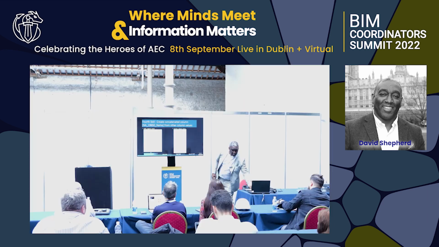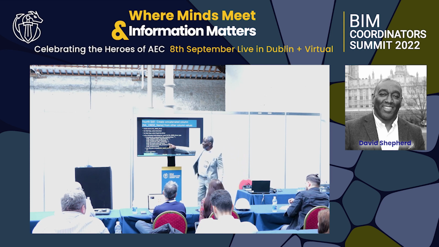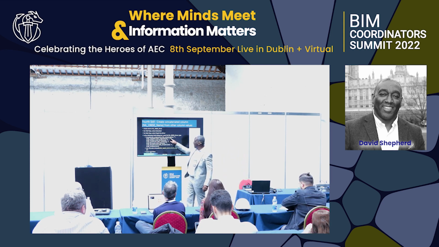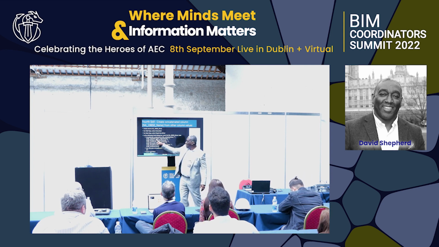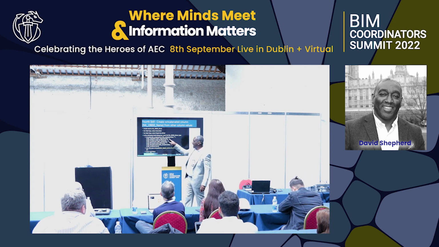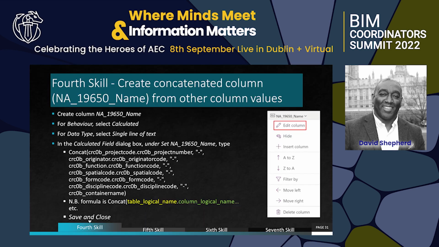So to generate the name, essentially what you're saying is, this is going to give me the project number, dash, originator code, dash, function code, dash, spatial code, dash, form code, dash, discipline code. Do you see what I'm saying? You're building it up to create the overall naming.